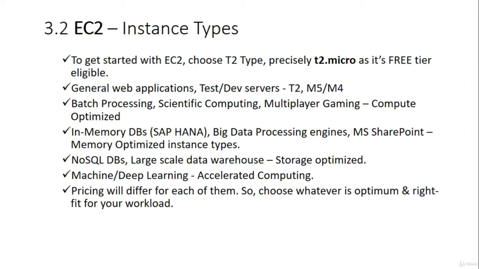In-memory DBs, SAP HANA, big data processing engines, MS SharePoint: choose memory optimized instance types. NoSQL databases and large-scale data warehouse applications go for storage optimized instances. Machine learning, deep learning, etc. are a good fit with accelerated computing instance types.